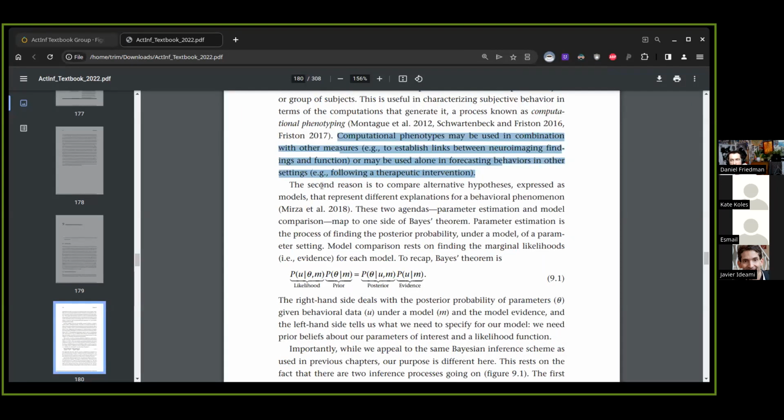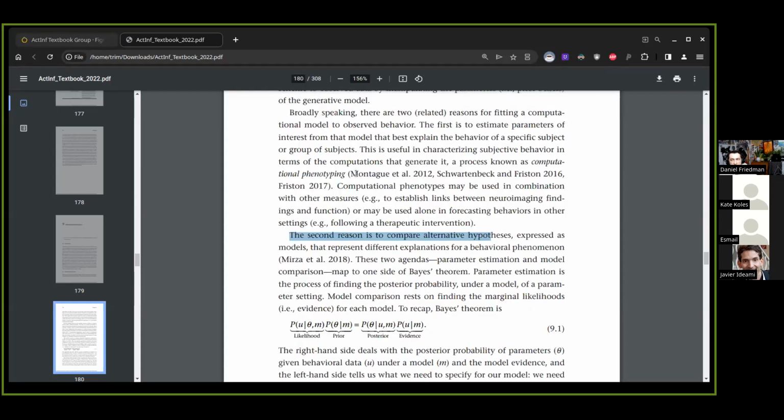That's the first reason. And the second reason that you might want to do this kind of computational modeling is to compare alternative hypotheses that represent different explanations for a behavioral phenomenon. So we're modeling ants coming in and out of the colony. And we have one model, it's a single parameter model. There's a drive for foraging.